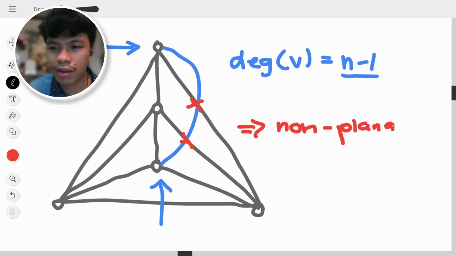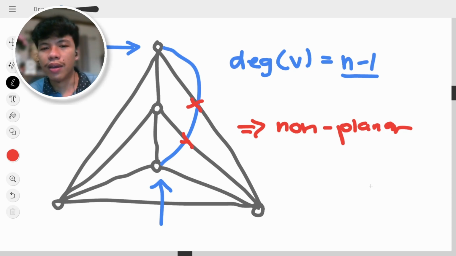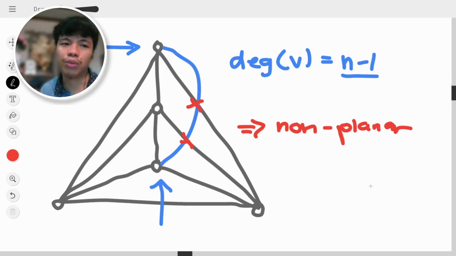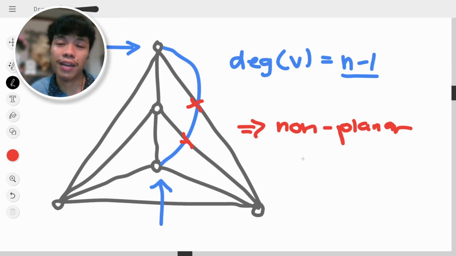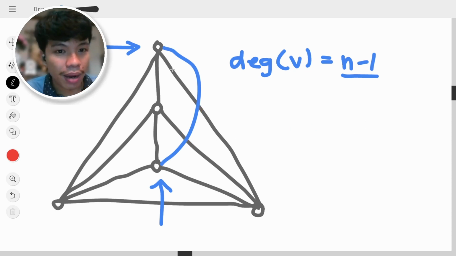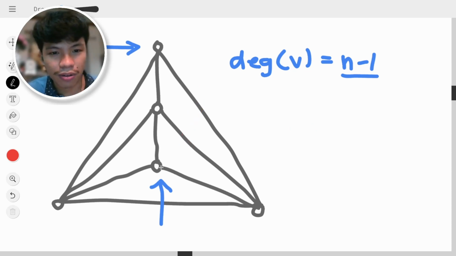Planar graphs are those graphs whose edges do not intersect or cross. The other vertices are already adjacent, since those four are adjacent to each other. So the only vertices left are this one and also this one.